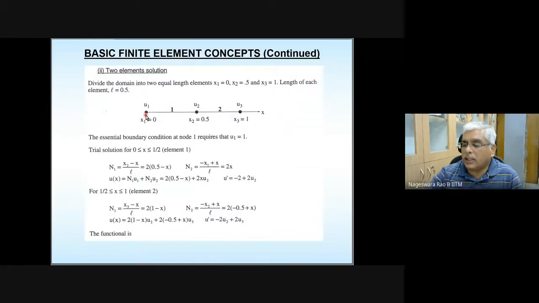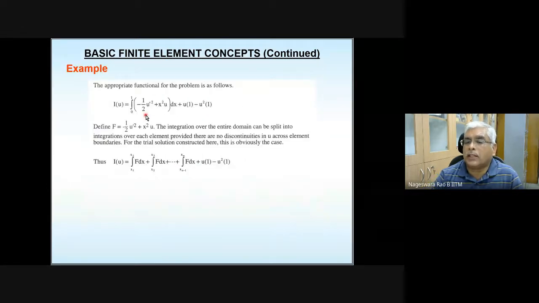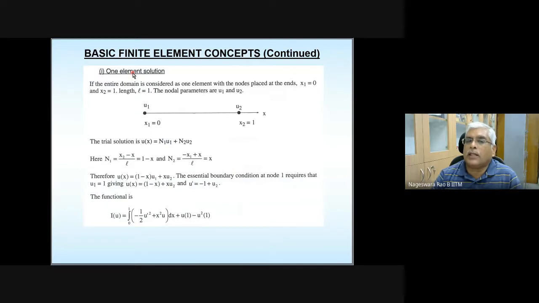And what about the other boundary condition? What about the other boundary term? Here, these terms, x equal to 1. This is nothing but U evaluated at x equal to 1. And this is nothing but U square evaluated at x equal to 1. So we need to see what x equal to 1 corresponds to. In case of one element solution, it is nothing but the second node.